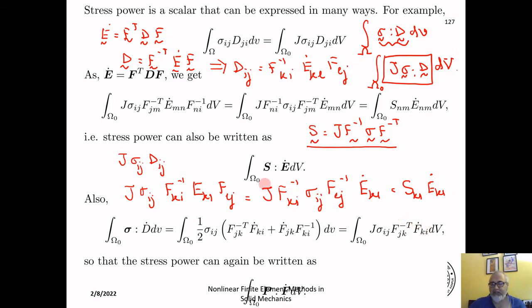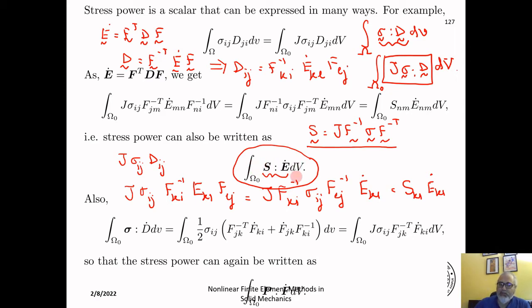So J sigma dot D is the same as S dot E dot. So the total stress power can be written as S dot E dot dV integrated over the reference configuration. So this quantity gives you power expended per unit reference volume.